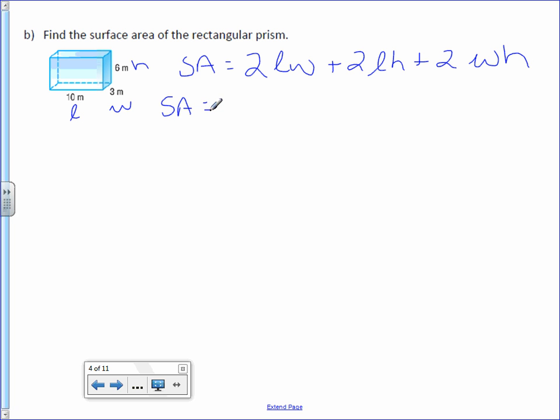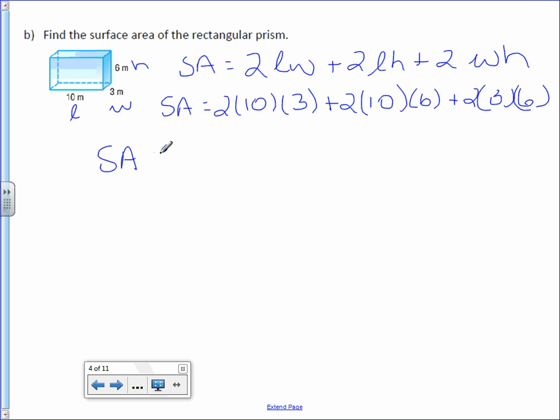Surface area equals 2 times 10, my marker's running a little slow, 2 times 10 times 3 plus 2 times 10 times 6 plus 2 times 3 times 6.